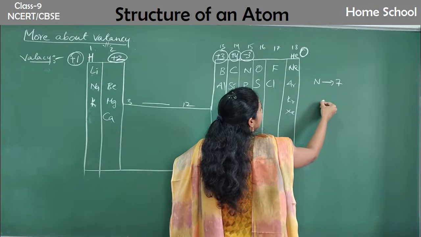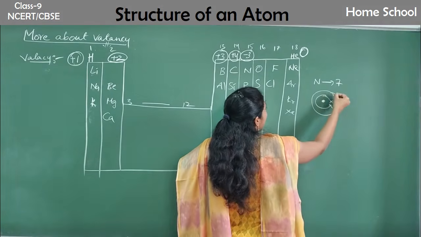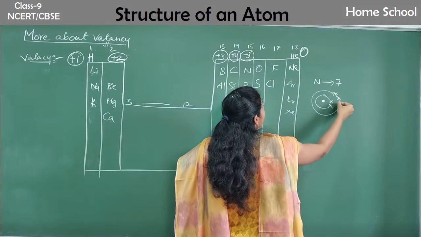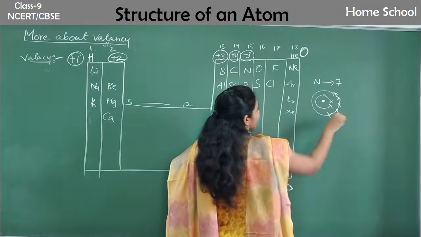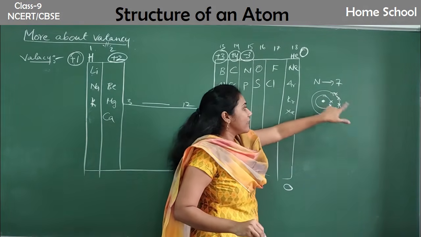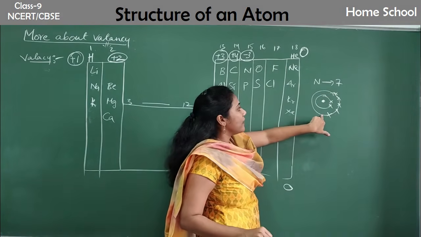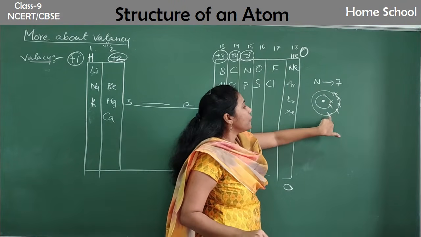So, can you write its electronic configuration? First shell 2 electrons, second shell how many? 1, 2, 3, 4, 5, isn't it? So, 5 plus 2, 7, right? You see, the last shell is the second shell here. How many electrons are there? 1, 2, 3, 4, 5.